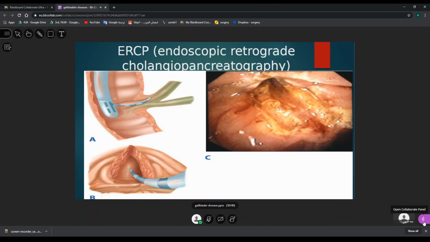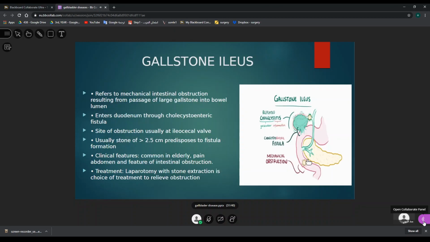To understand it, this is the gallbladder, and the stone is here in the gallbladder neck or body, because the gallbladder is always adjacent to the duodenum because of inflammation or adhesions. These stones compress the duodenum, especially if larger than 2.5 centimeters, will pass into the duodenum, and will cause small bowel obstruction.